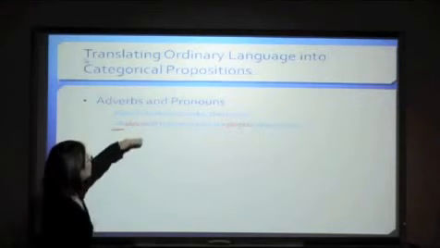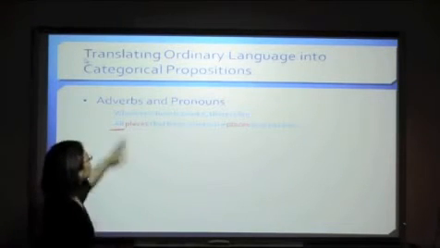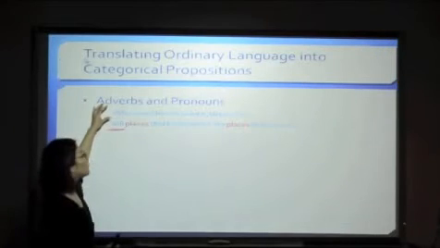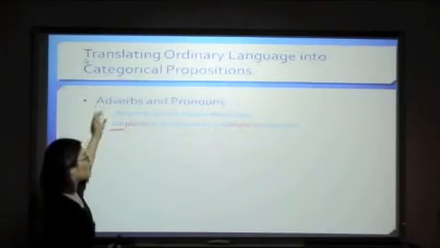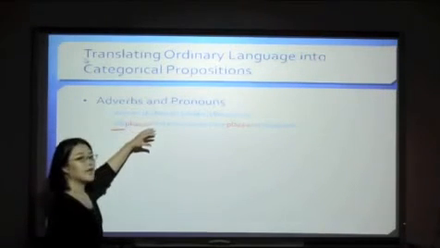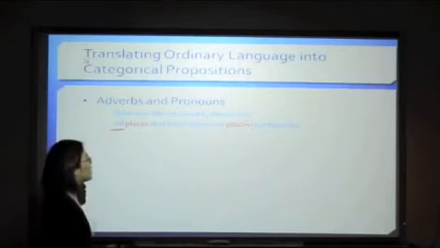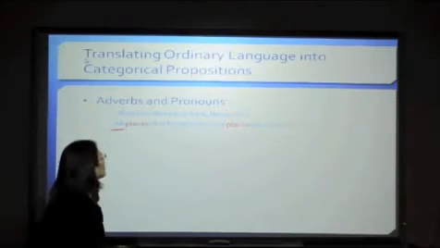And here we have then the statement, all places that have smoke are places that have fire. Notice that this was a conditional statement. Wherever there is smoke, there is fire. And it was changed into a standard form categorical statement, okay? All places that have smoke are places that have fire, okay?